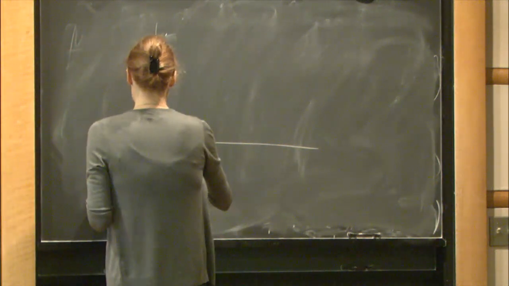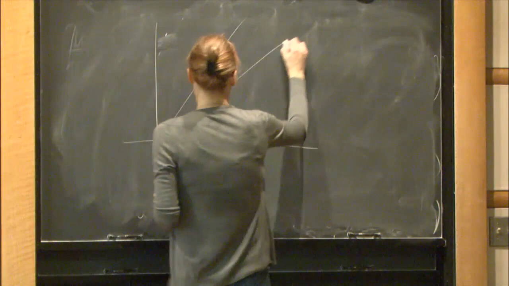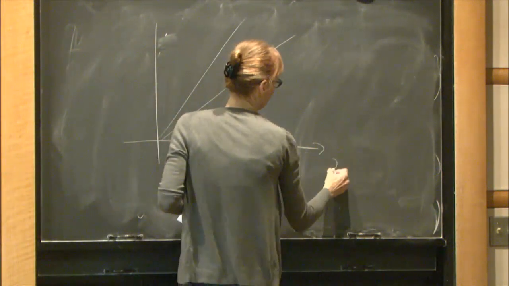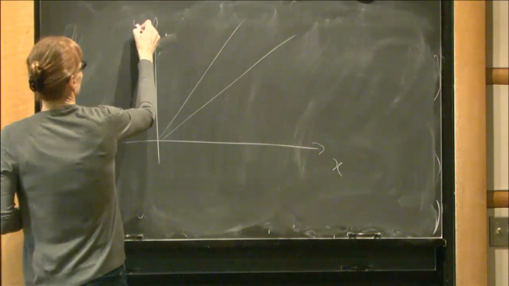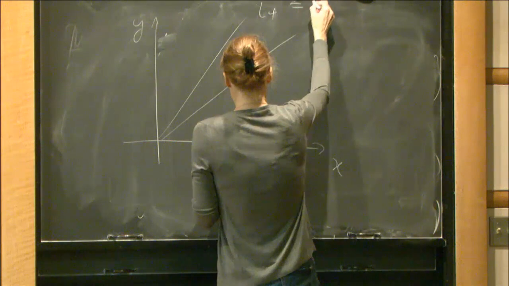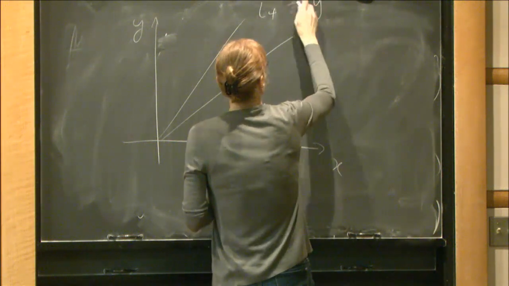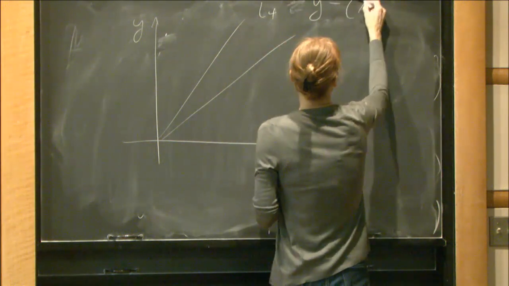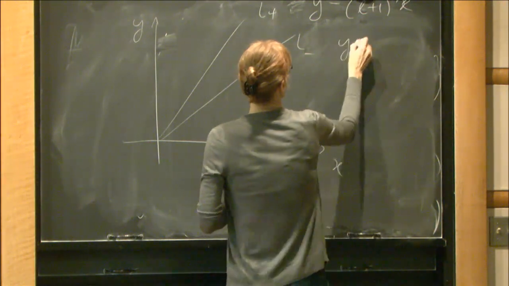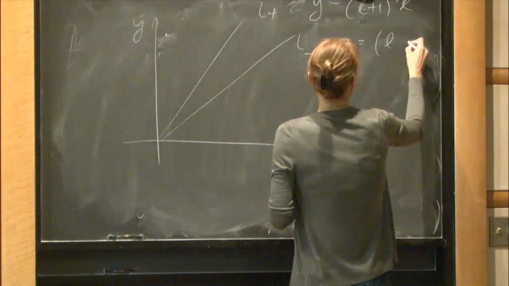I'm going to look at two lines. Here is just some real variable x and real variable y. I'm going to look at the lines L plus, which is y equal to L plus 1 times x, and L minus, which is y equal to L times x.